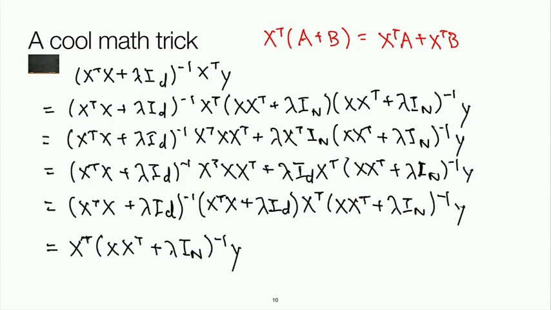It's like the basic law of distribution just applied to higher dimensional matrices, right? So that's how I get this first term right here. This thing is A, so then I basically just get X transpose times A, right?